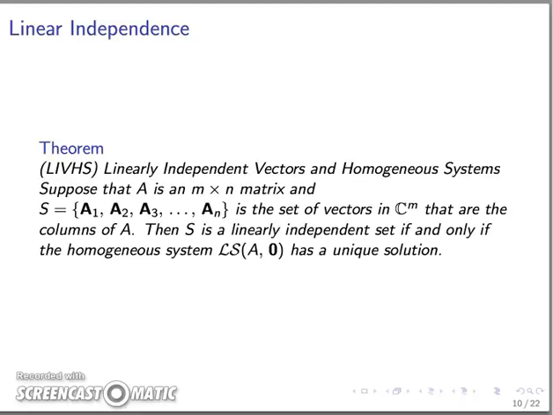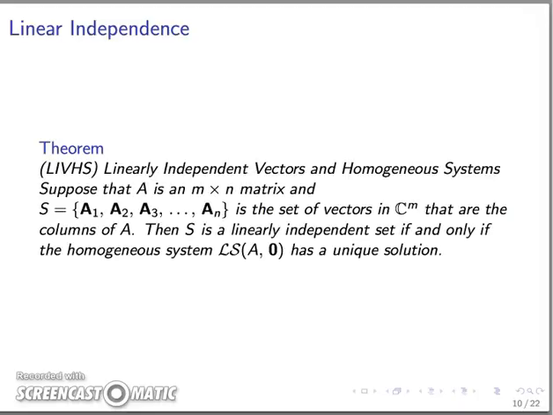Now, this theorem, called linearly independent vectors and homogeneous systems, tries to bring together again solution sets in the context of relations of linear dependence.